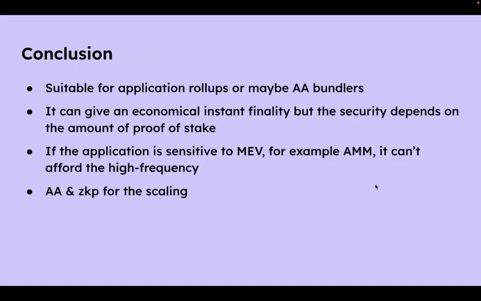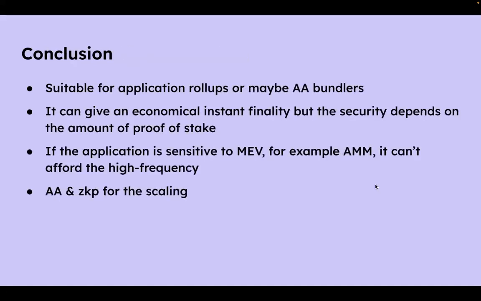But definitely, the EVM is always changing, and we are always getting better proving schemes and better cryptographic primitives. So I think one day we can change the Schnorr signature to something else. But for now, Schnorr is the best fit for this approach.